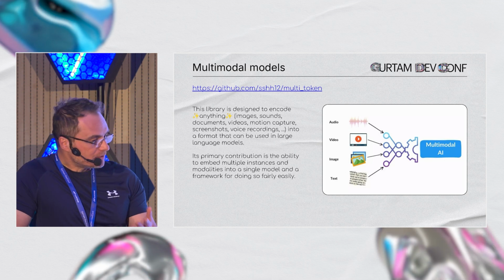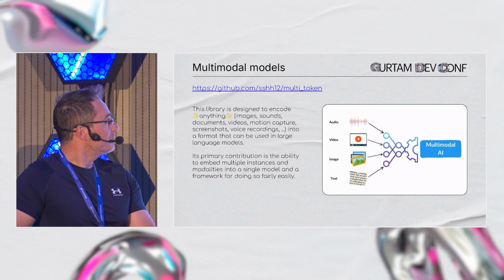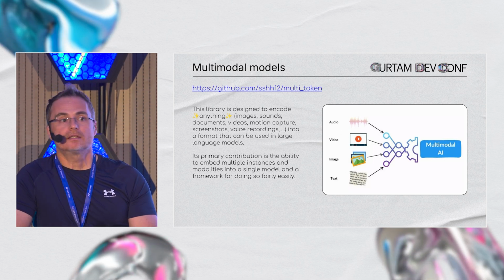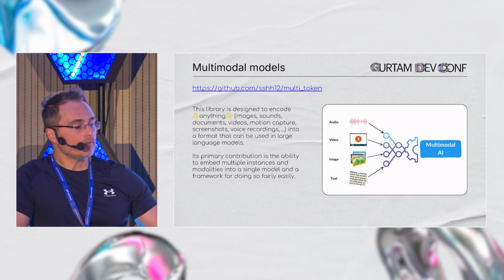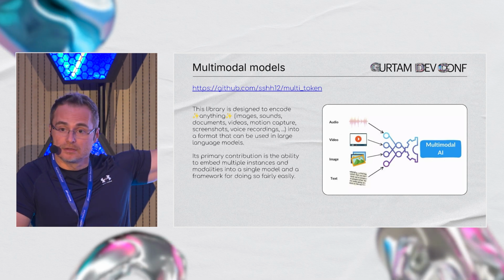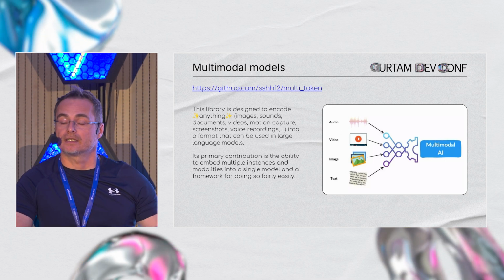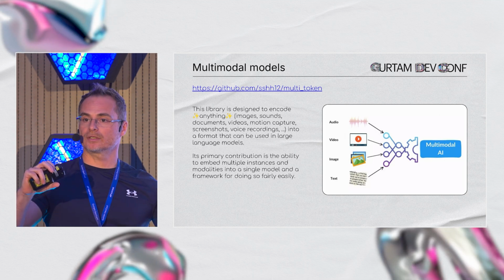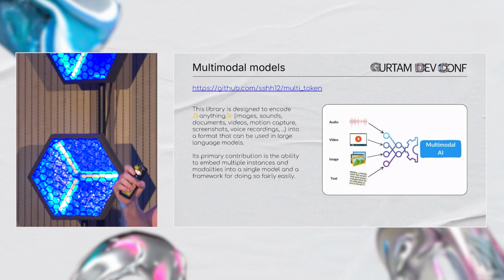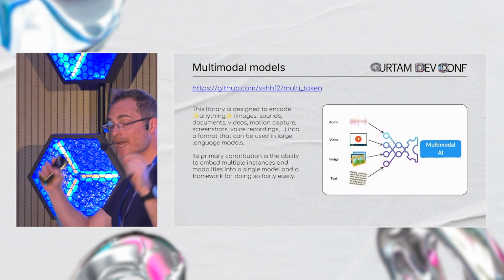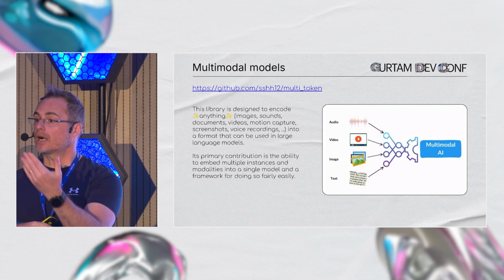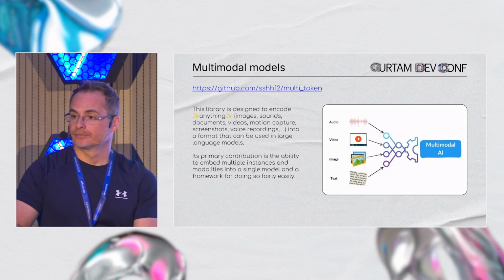But there are several tools, and in my opinion, this is the best one that does the job for you. I want to share this one. It is named Multi-token and does exactly that. It is a small framework that has been trained to take text, audio, and images as input and convert everything into vectors in order to be used by your own large language model.